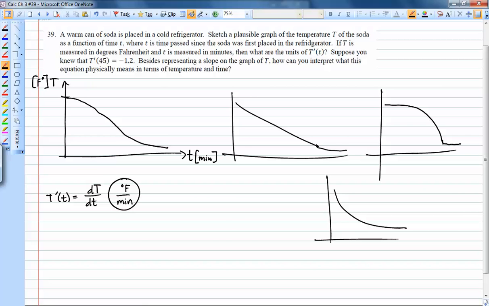Now, if it says you know that T prime of 45 equals negative 1.2, then that means, now little t is 45 here.